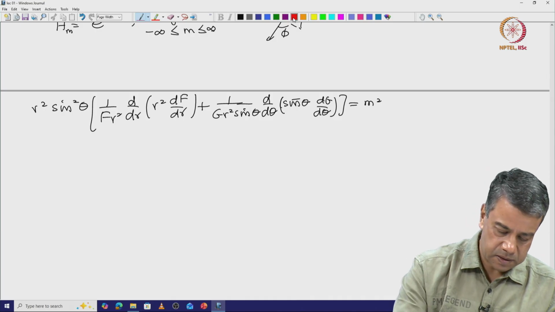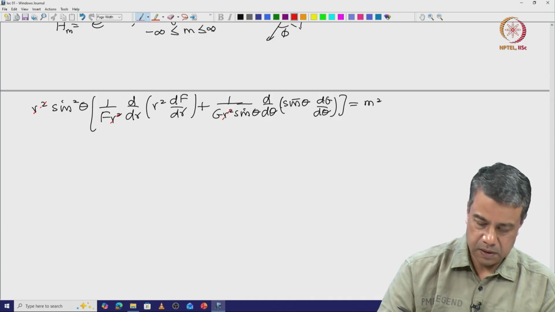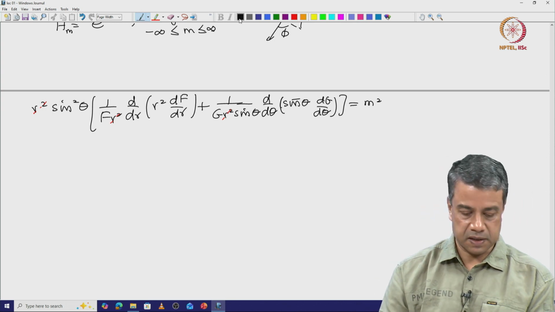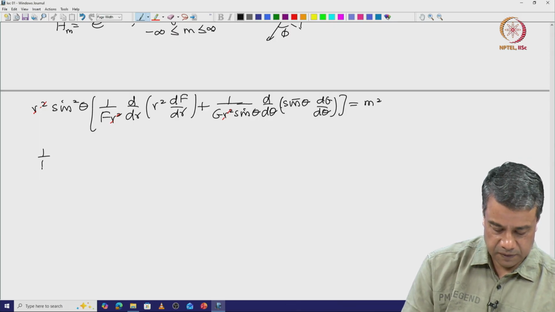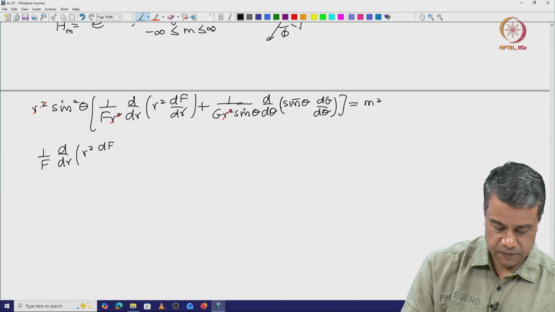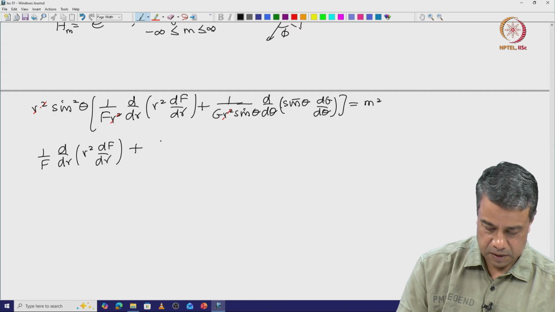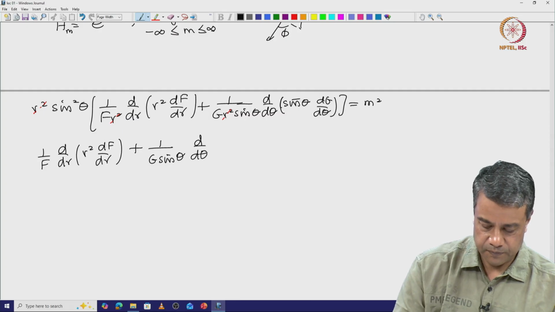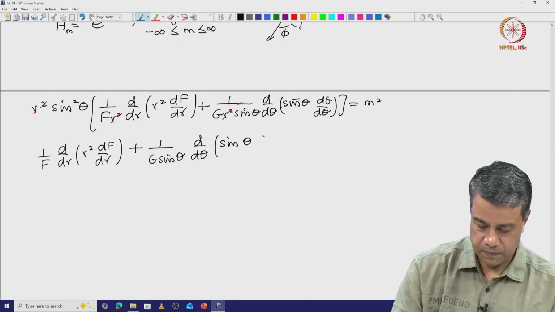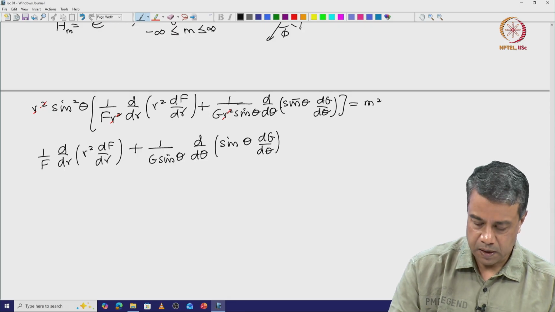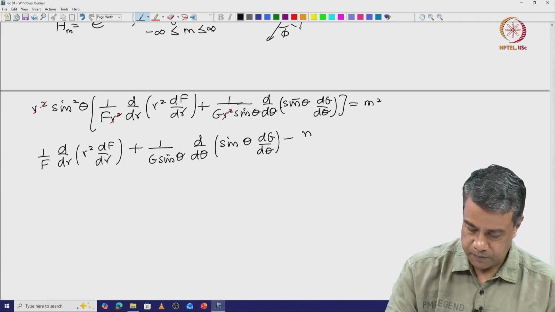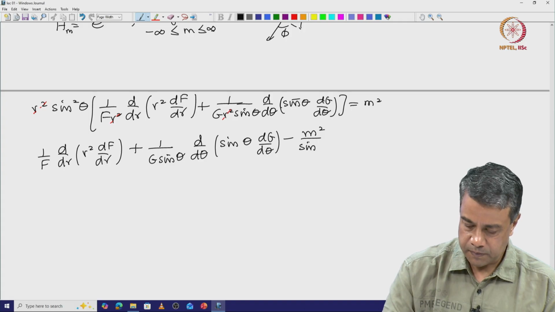This r square can be cancelled out on both sides on the left side, and I can divide throughout by sine square theta, and I will get 1 over f d by dr of r square df by dr, plus 1 over g sine theta, minus m square over sine square theta.